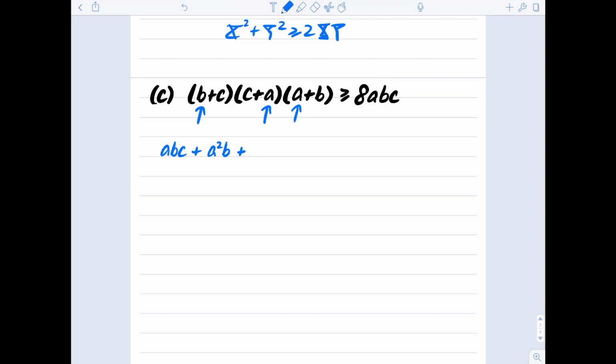A squared B, AB squared, and if I choose another two, it should look like AC squared. Maybe I should do B and C first. BC squared, B squared C, and AC squared, A squared C.